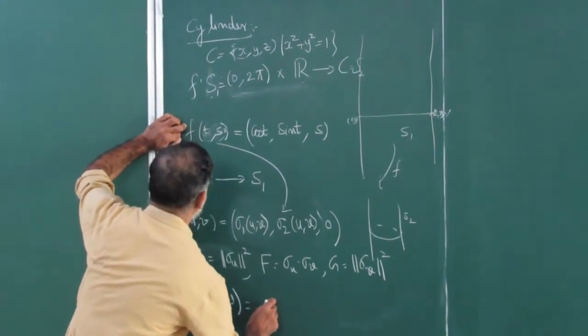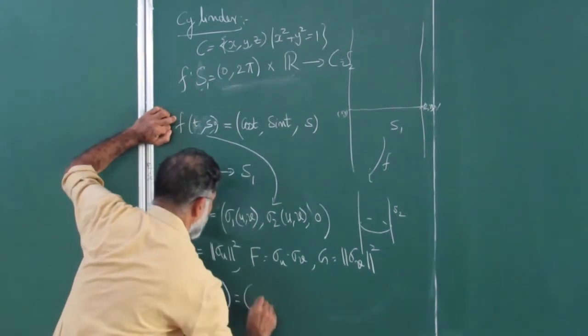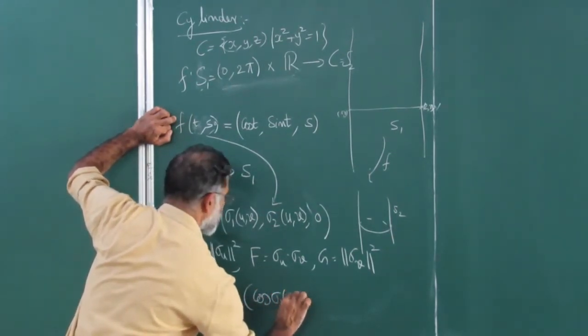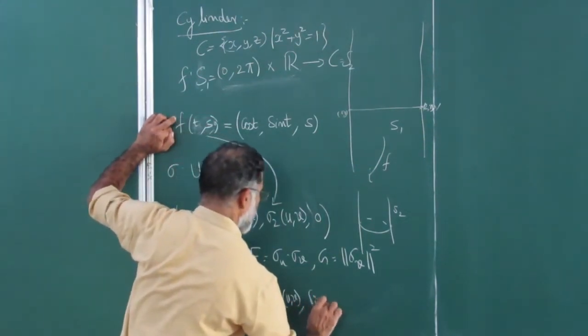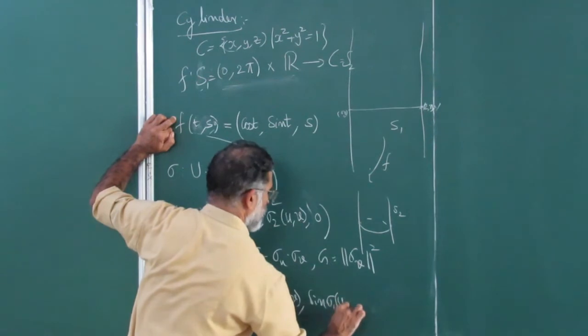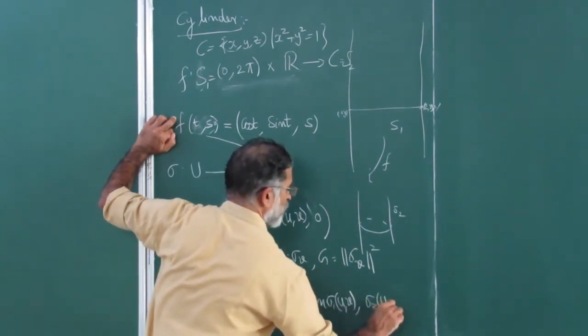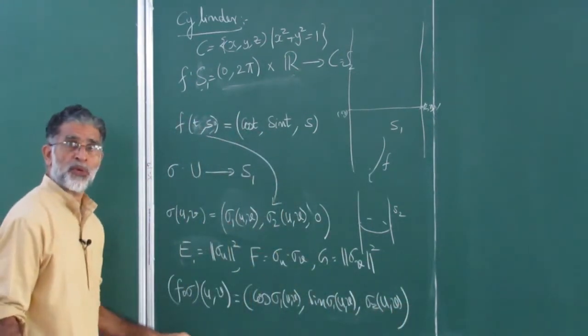That is going to be cos sigma 1 u v, sin sigma 1 u v, and sigma 2 u v. That is F composite sigma u v.